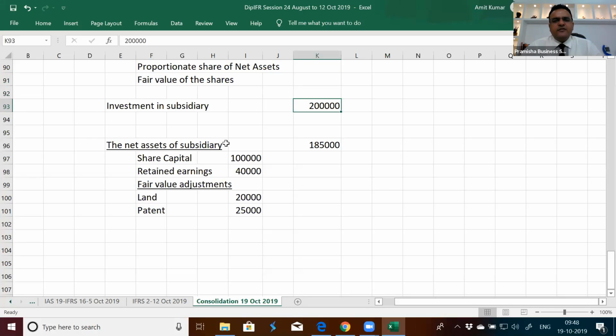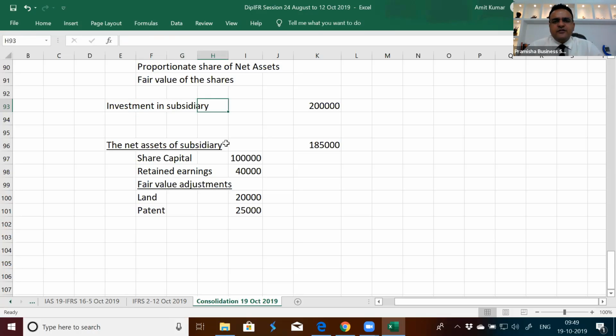The investment in subsidiary is 200,000 and fair value of net assets of subsidiary is 185,000. If I try to cancel 185,000 with 200,000, I'll be able to cancel 185,000, but there will still remain 15,000. Why would a company pay more than the fair value of net assets of subsidiary?